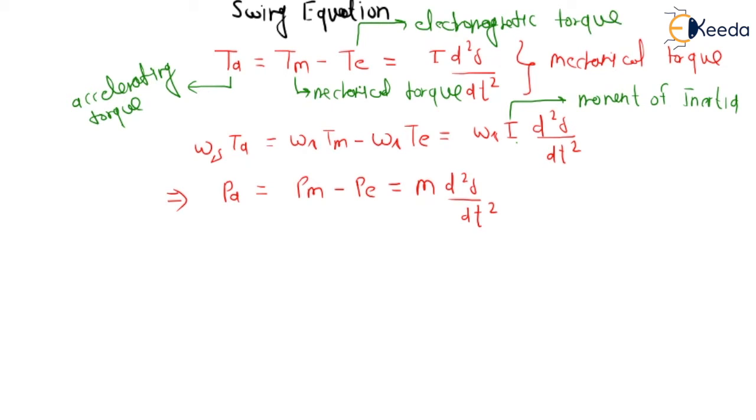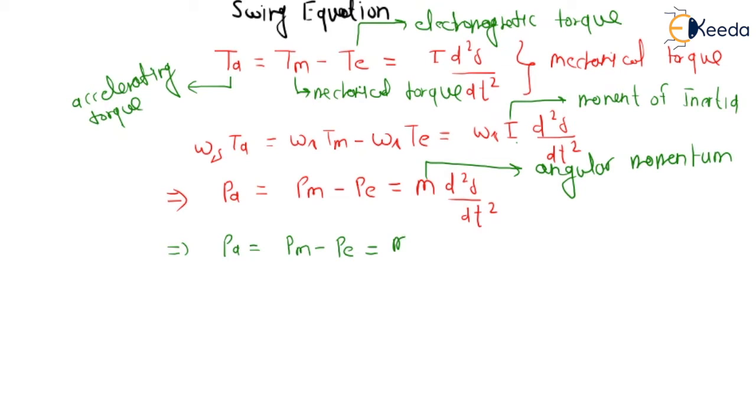Now Pa is equal to Pm minus Pe is equal to M d2 delta by dt2. This M is the angular momentum. We can also write Pa is equal to Pm minus Pe is equal to M into alpha, where d2 delta by dt2 is equal to alpha.